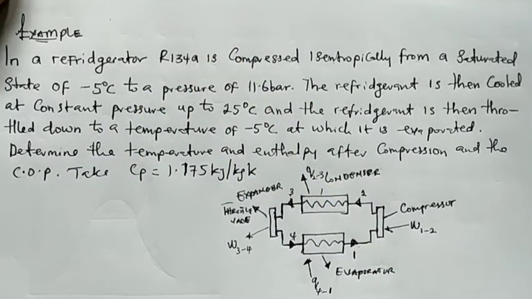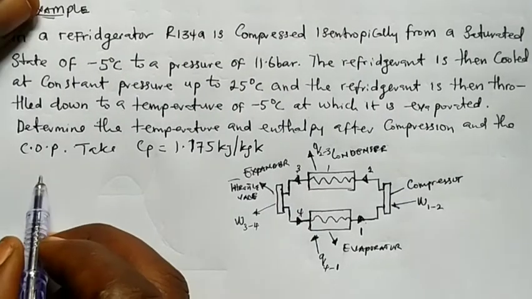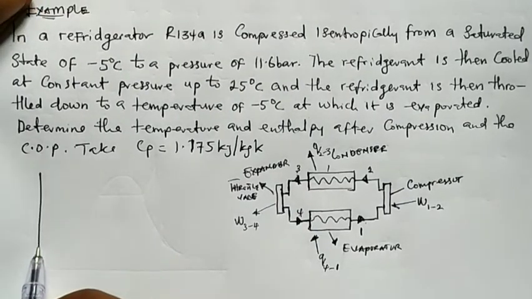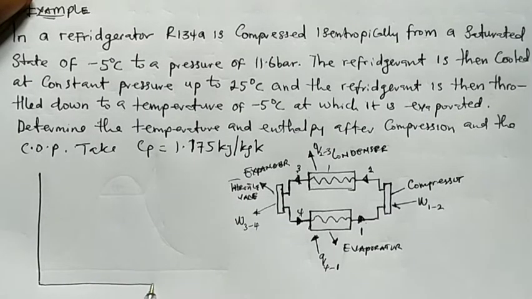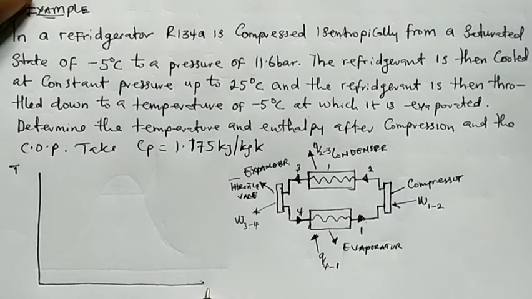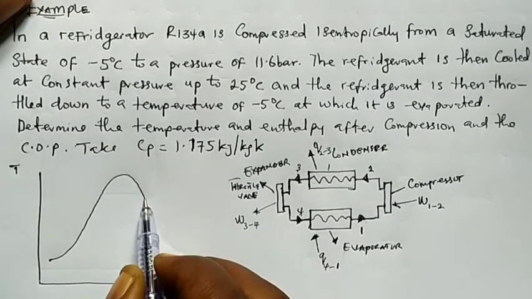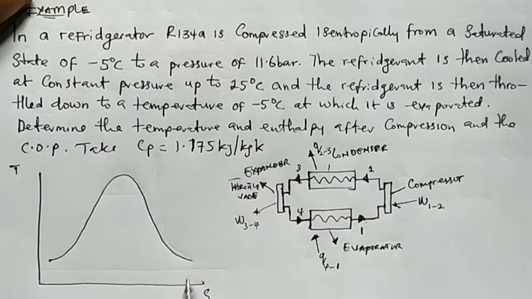Now, one thing you need to know here is this. We have what is called the TS diagram for this, and this is the T here. I will have what? The S here. I will have our dome this way, right?